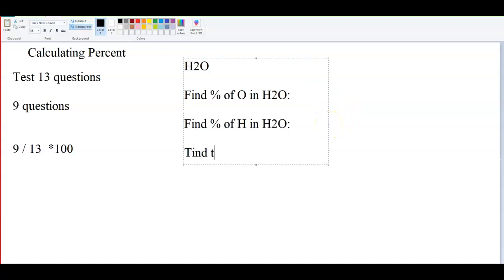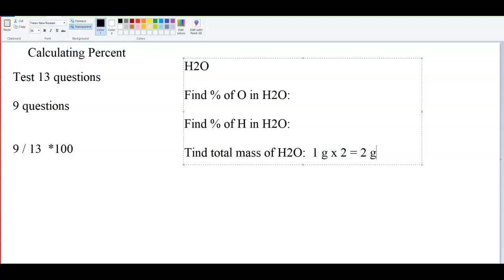Find the total mass. You're going to find the total mass of H2O. In this case, the total mass is going to be the mass of hydrogen, which is 1 gram, times 2, because you have 2 hydrogen there, which will give you 2 grams.